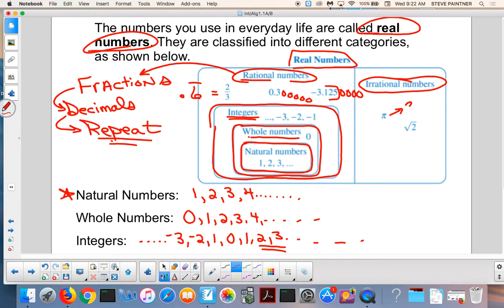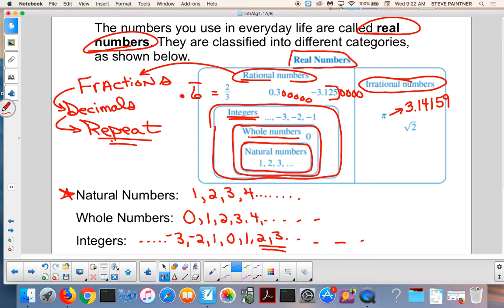What is it? 3.1415 what? 9. Okay, does it stop at 9? No, it keeps going. Is there any repeating going on, like 141414? 14159, 14159. Does it keep repeating? No. Guys, it's just random numbers, never repeats.